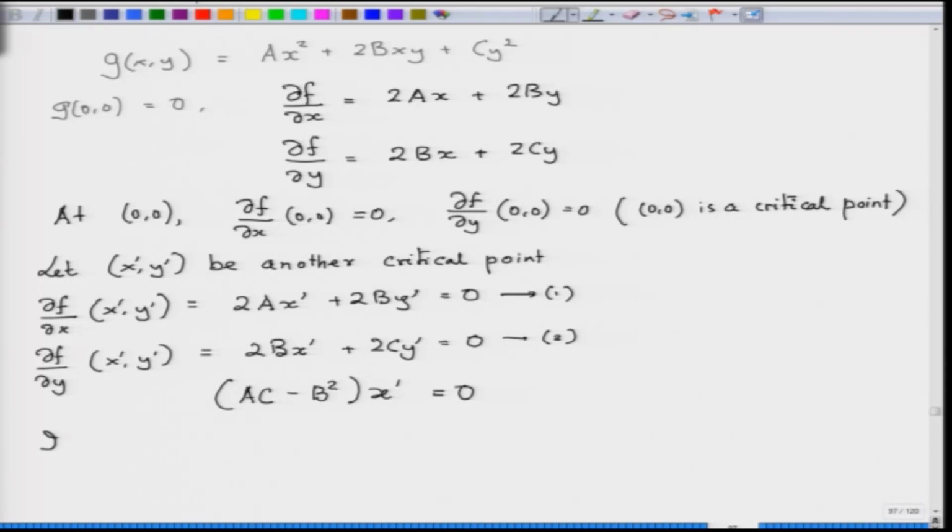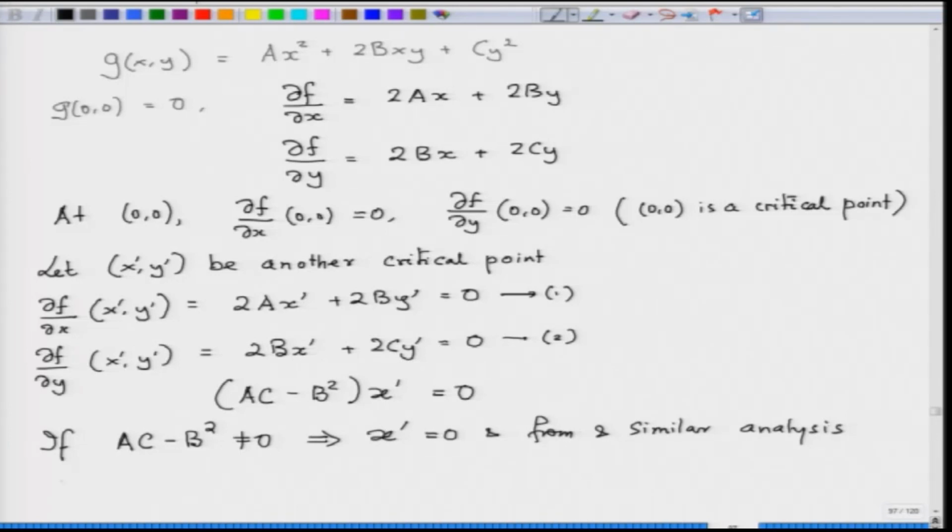Now, if ac minus b square is not equal to 0, it implies x dash equal to 0 and from a similar argument, just do the opposite thing, right. Multiply the top equation by b and the next equation by a, and then subtract them to get a similar result. From a similar discussion, we will also have y dash equal to 0.